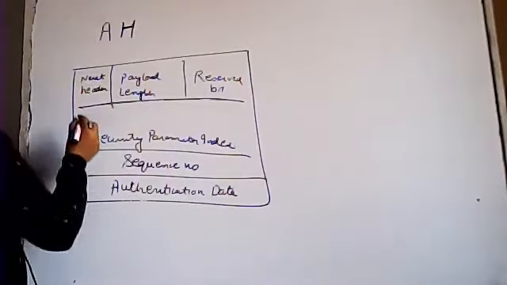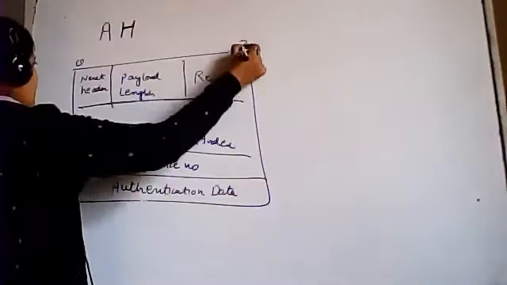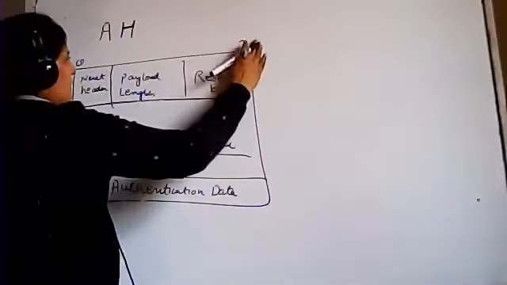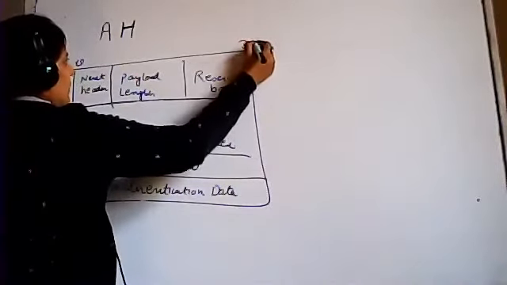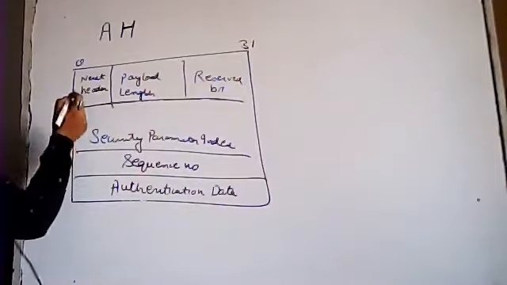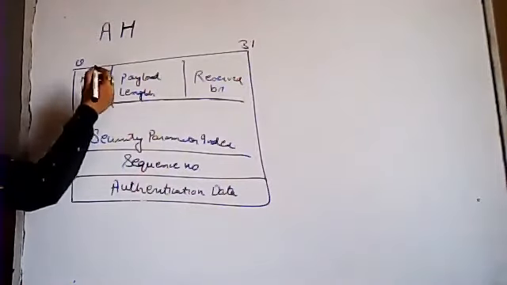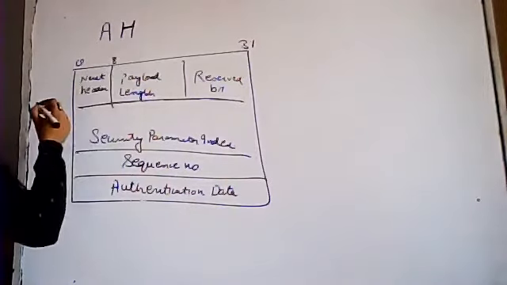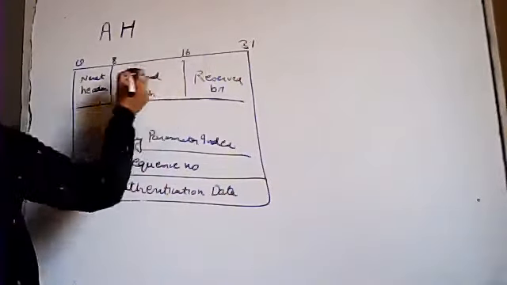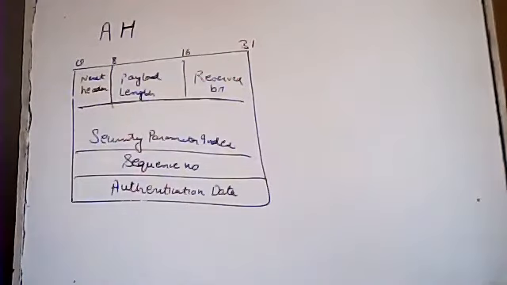The total size of this is 0 to 31, that is 32 bits. For the next header we have 0 to 8, and for the payload length we have 8 to 16.